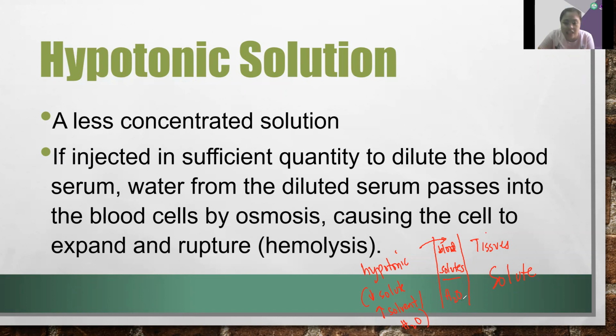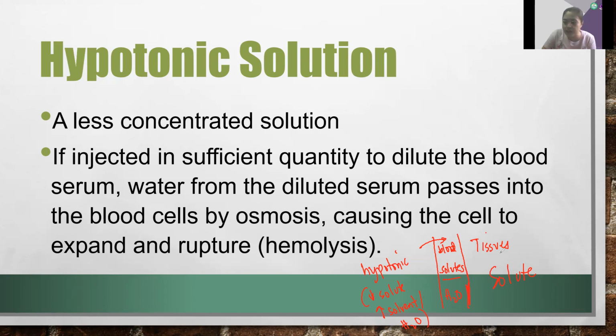This will trigger, class, osmosis, because what will happen is there is now more solute outside the blood vessel than in our tissues. Actually, it's the opposite. There is now more solute in our tissues than in our blood. So the water will move from the blood vessel.